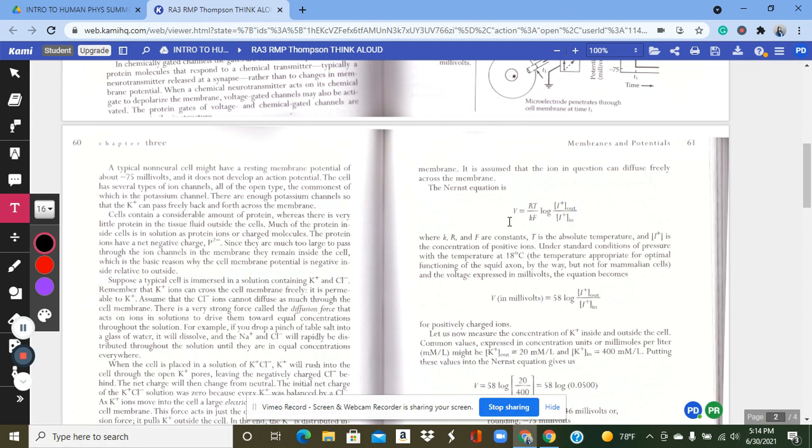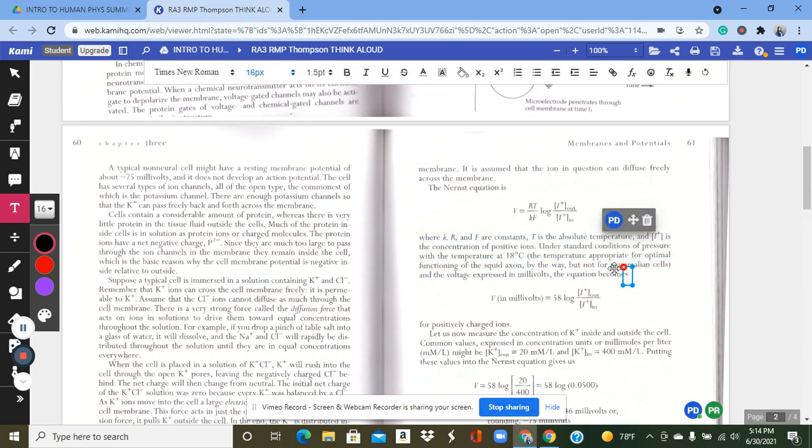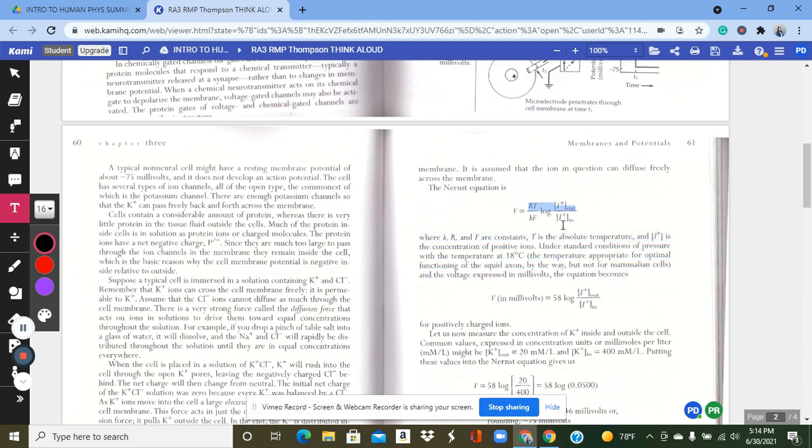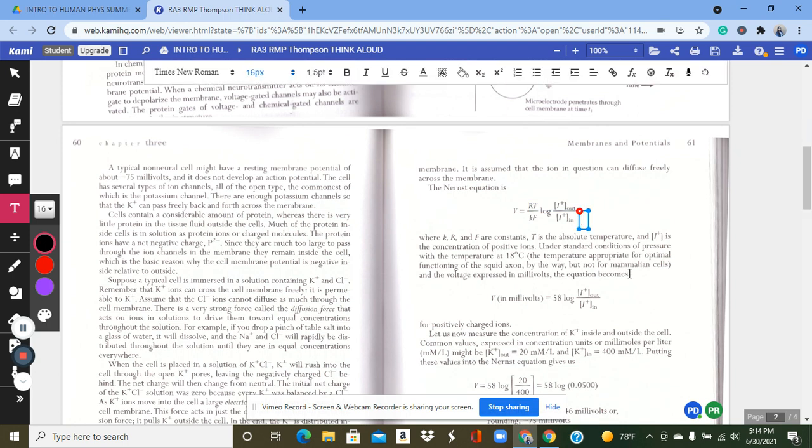Yeah, I think I learned this topic, the Nernst equation, in AP chemistry when we were talking about thermodynamics. It was one of the last topics that we learned, and the equation looked a bit different, but it's basically the same.